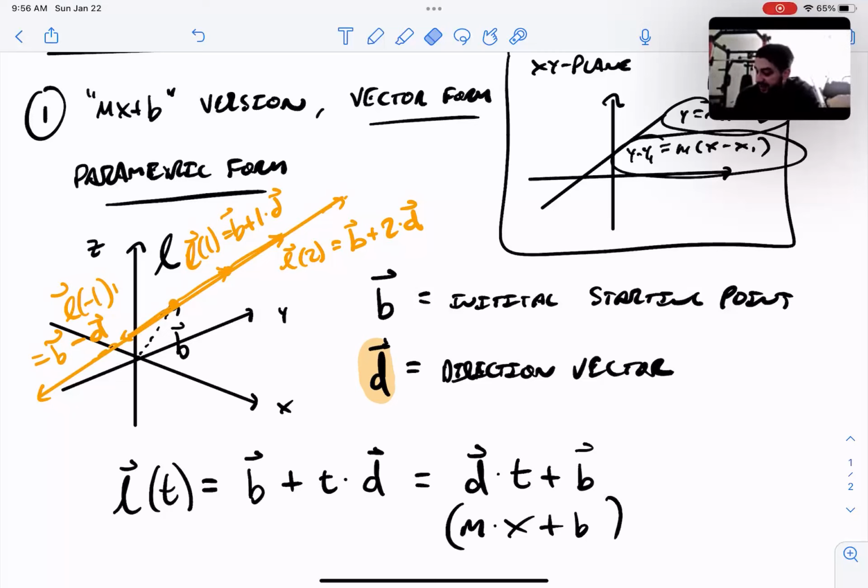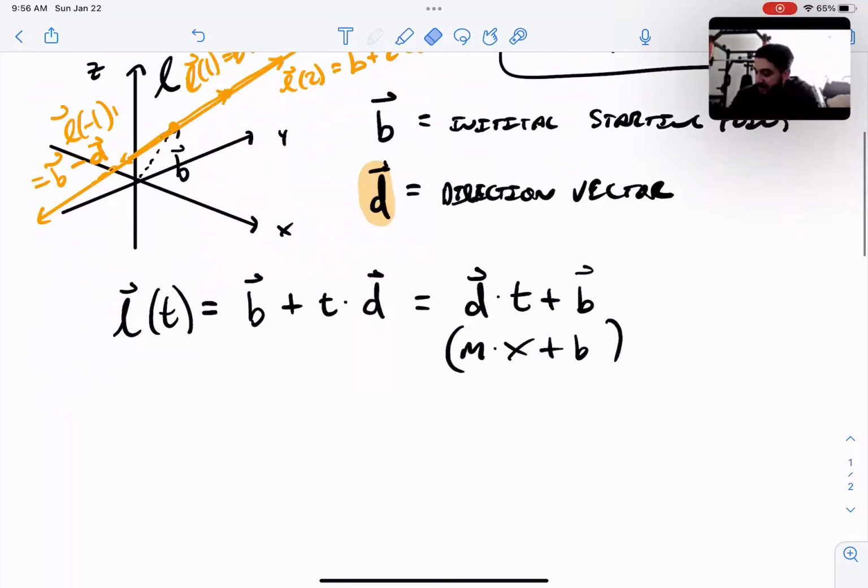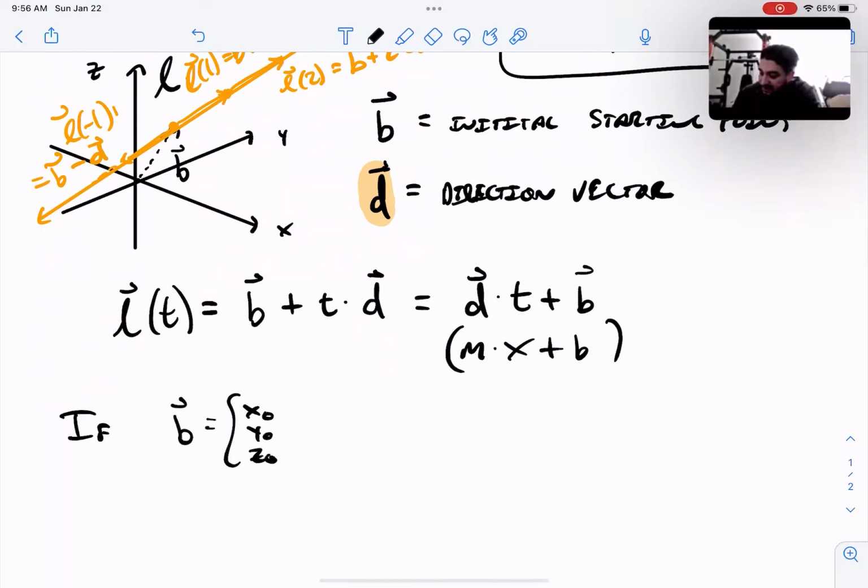One thing that's nice is, you can keep this all packaged up like that, or you can give it coordinates, right? So if you have some initial x naught, y naught, z naught, some initial coordinates that define b, and then vector d maybe is defined by some scalars a, b, c, right?